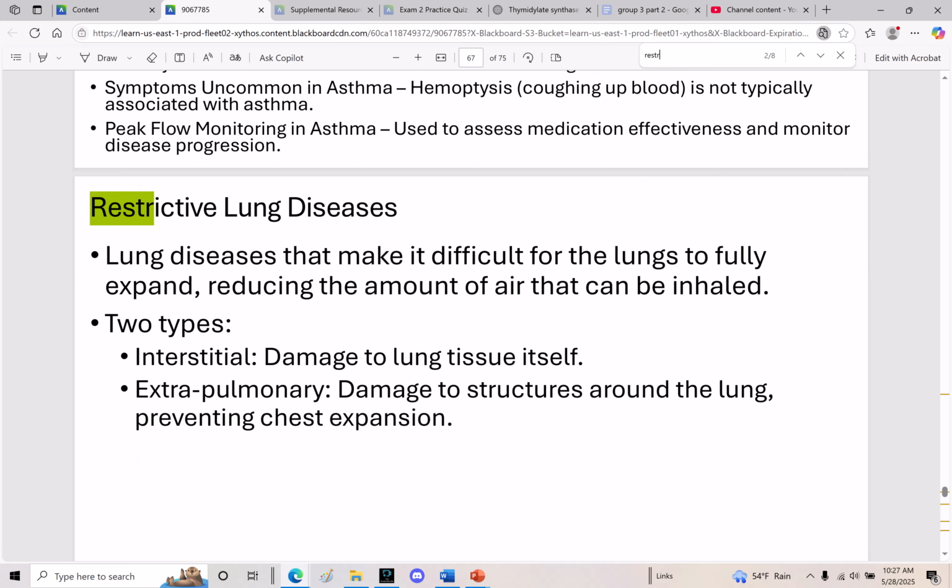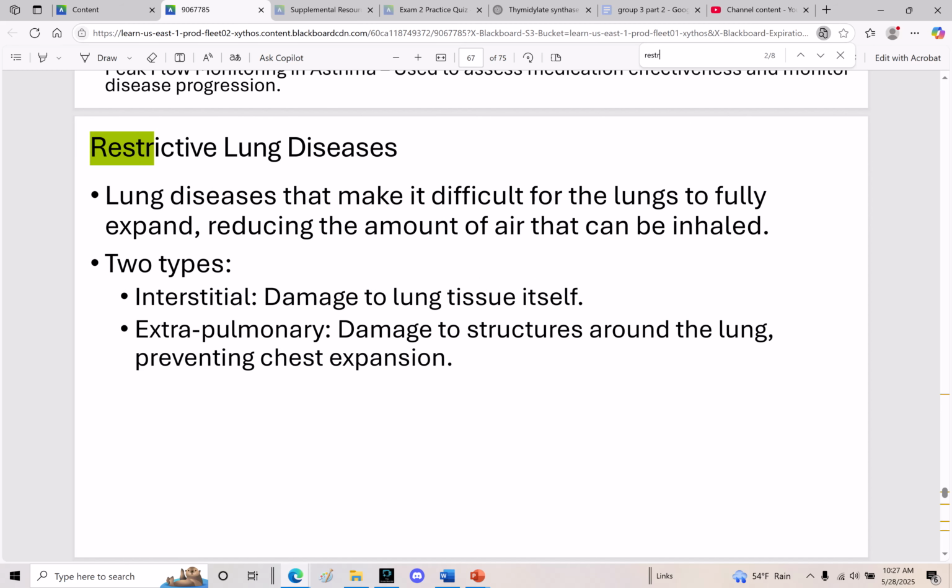Two types, either interstitial or extrapulmonary. That's exactly what we just said. Either interstitial, meaning the parenchyma is affected, the lung tissues are affected. So when we talk about interstitial, we have damage to the lungs themselves.